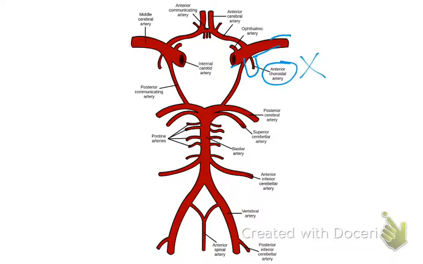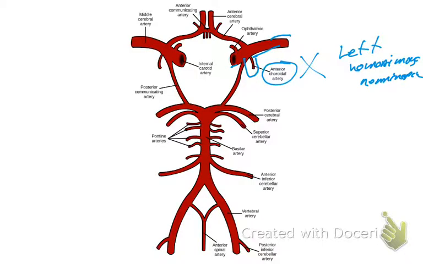A lesion of this one can cause lack of blood flow to the optic tract, and then the patient can develop the left homonymous hemianopia. Okay, got it.